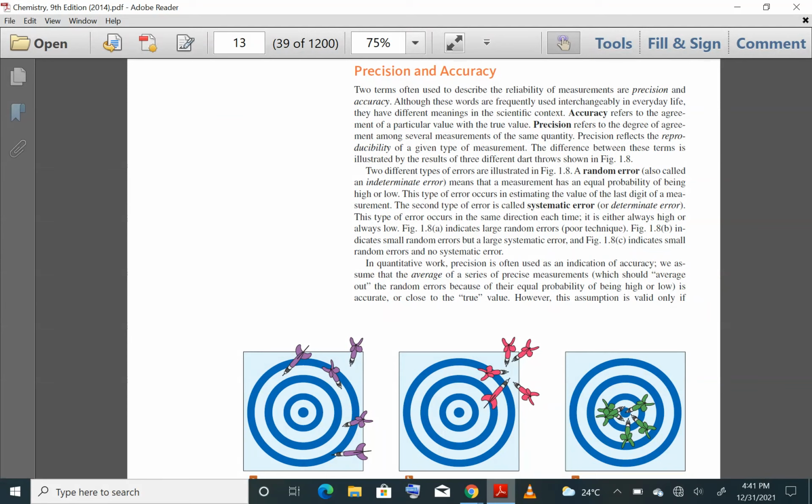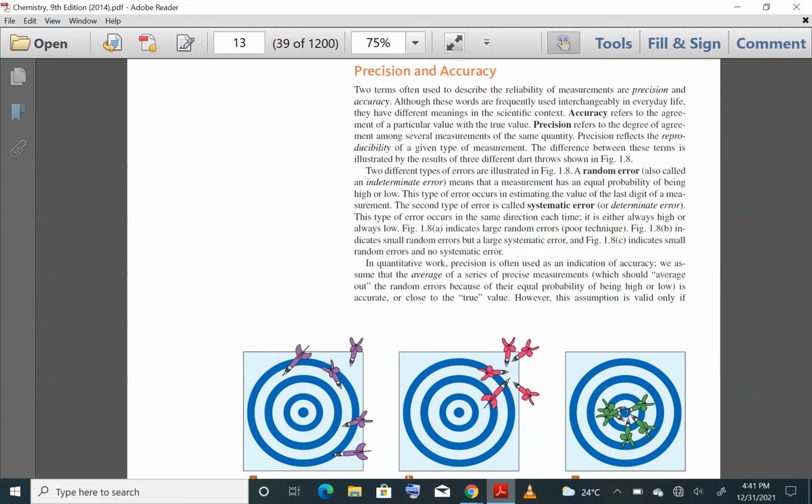Then you compare each value a student has found to the true value that was found with, let's avoid saying precise, let's just say equipment which is very, very accurate. And we know that we've now gotten our true value.